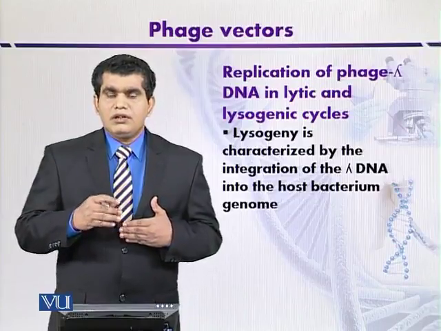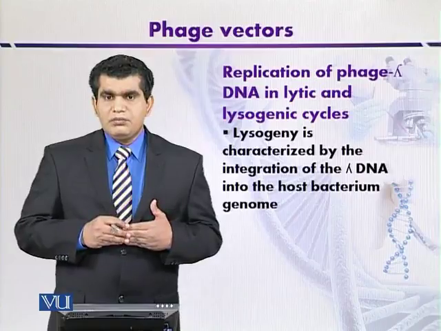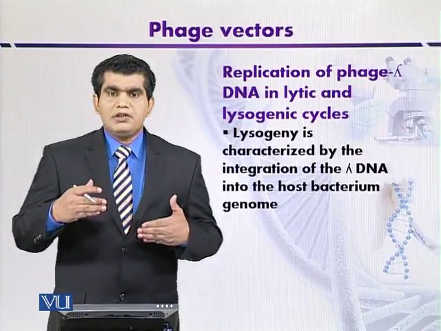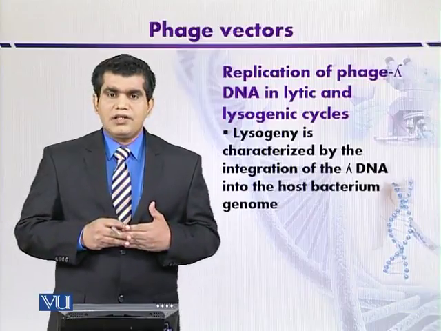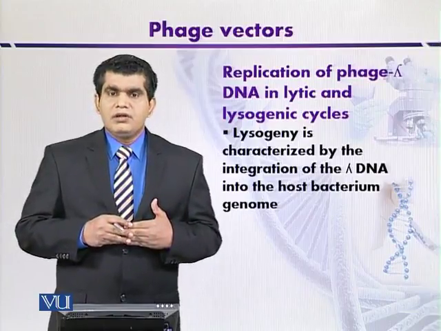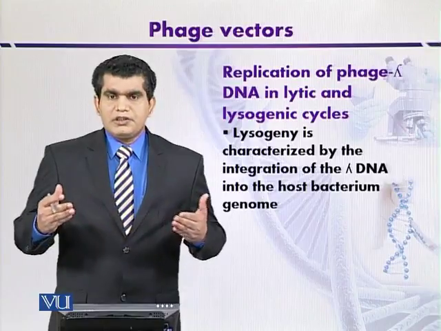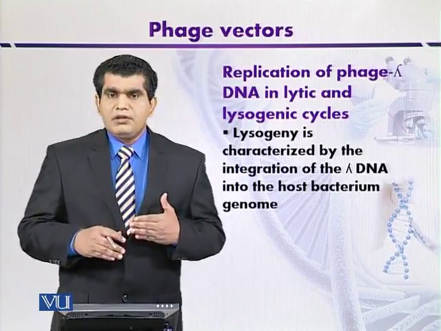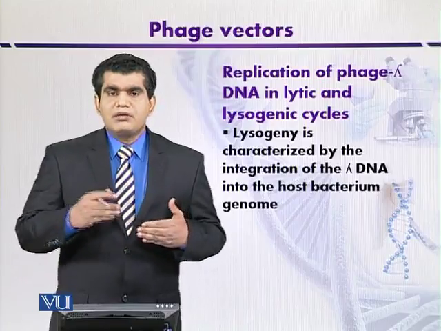So after entry of the lambda genome, there may be two possibilities: it may enter into lytic phase or lysogenic phase, where prophage formation occurs in case of lysogeny, where the lambda genome is integrated into the host genome.